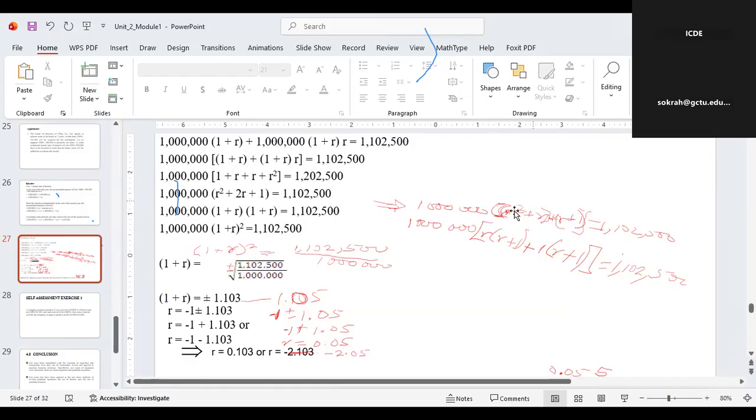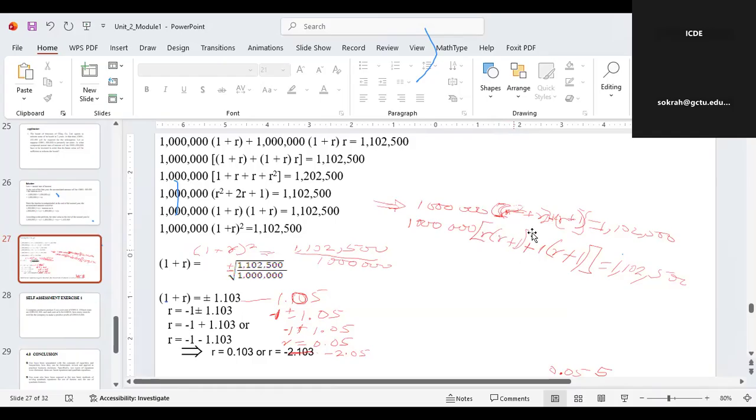In the first bracket, you have r squared plus r. What is common? r is common. So we take r out and use it to divide everything in that bracket. If you divide r squared by r, you'll be left with r. If you divide r by r, you'll be left with 1. So the first bracket gives us r into bracket r plus 1.